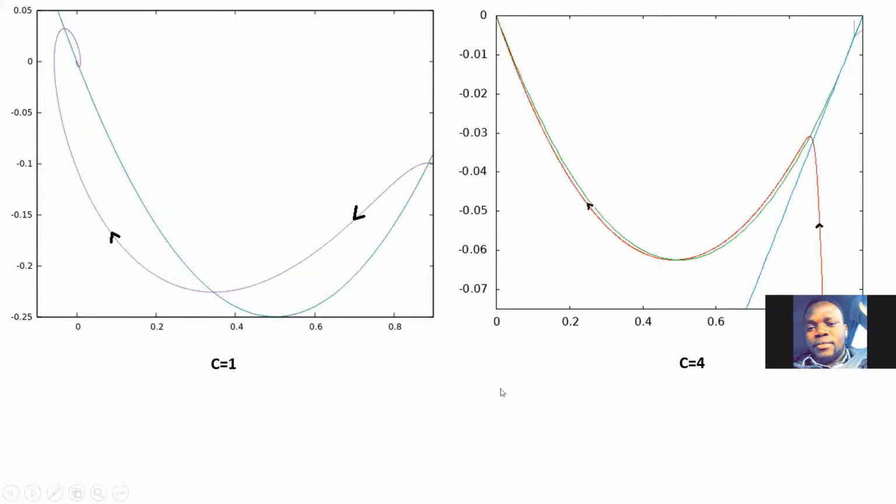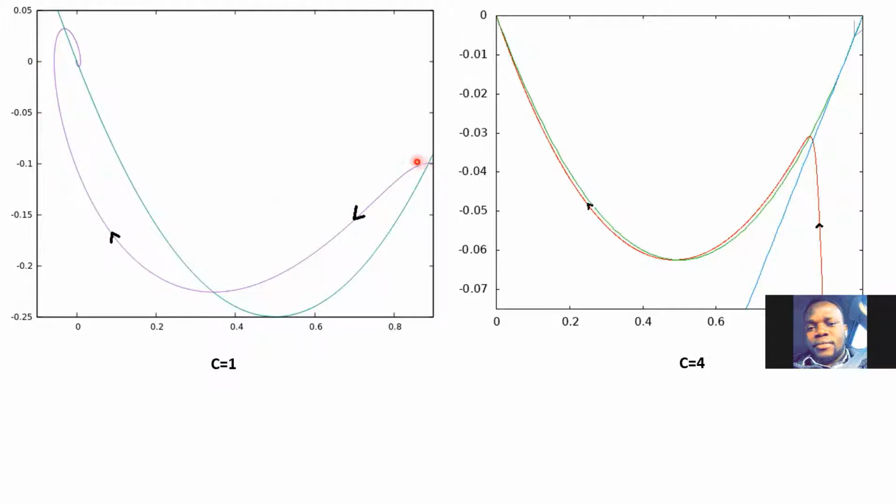Furthermore, here are 2 typical cases of positive c. For c equals 1, we have a focus. In purple, you have a trajectory here. In green, it's the null line for P. The other null line is for W: W prime is positive if P is greater than 0, and negative if P is negative.